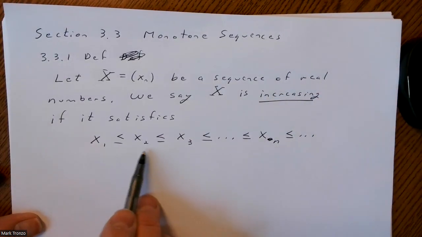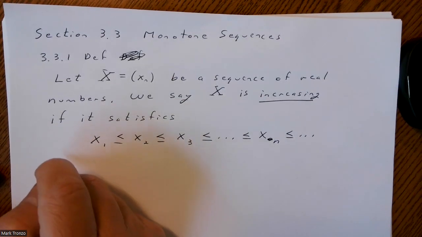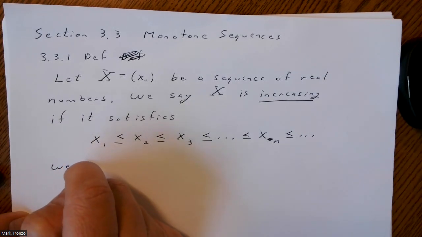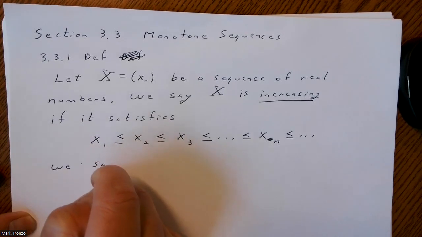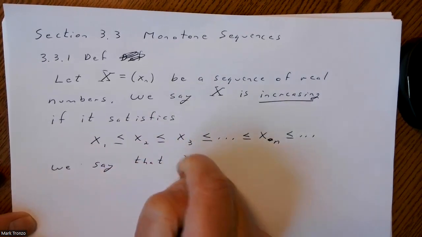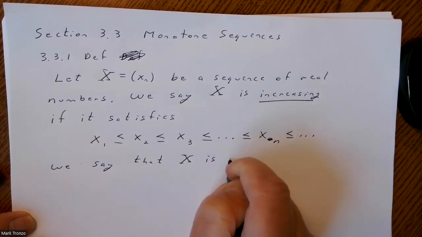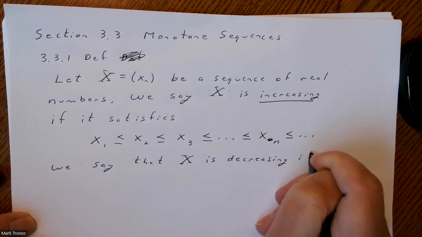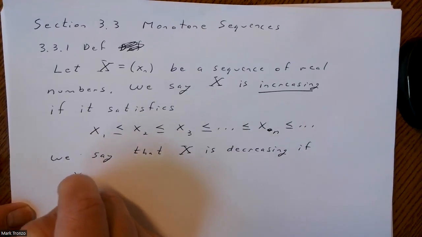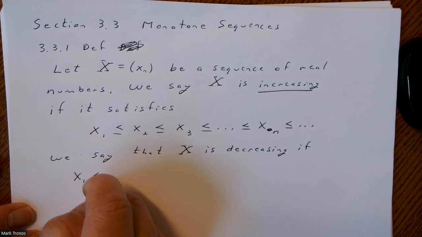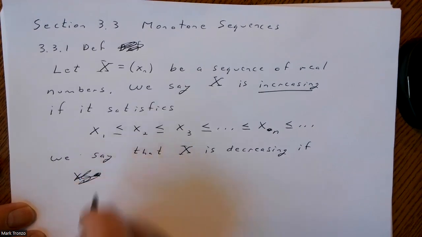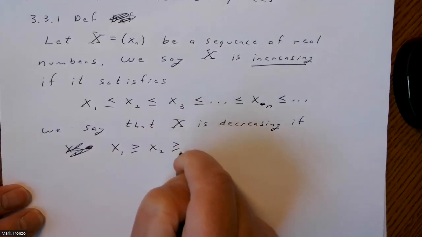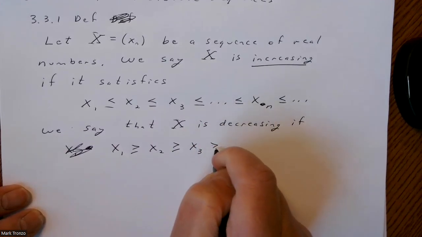If every element is less than or equal to the previous one, then it's decreasing. Same idea, x1 is this time the other way around: x1 is greater than or equal to x2, greater than or equal to x3, on and on and on.